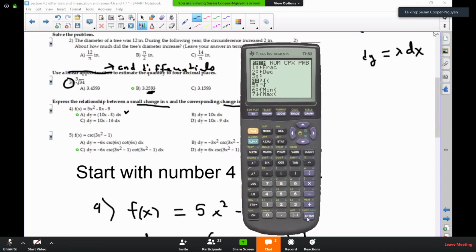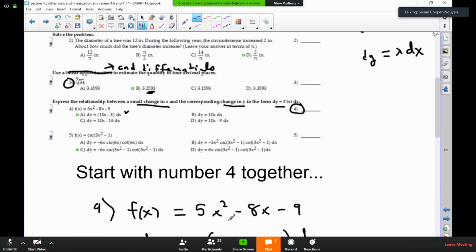The true cube root of 34 is 3.24. And with our differentials, we're getting 3.26 approximately. So you're only like a hundredth off. That's really not bad. So you're getting a decent approximation by doing that.